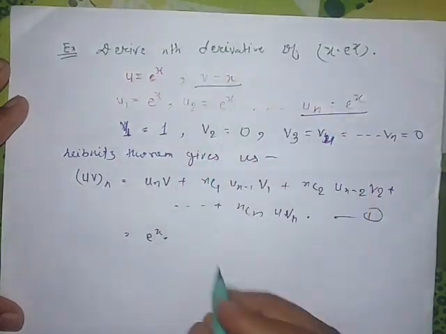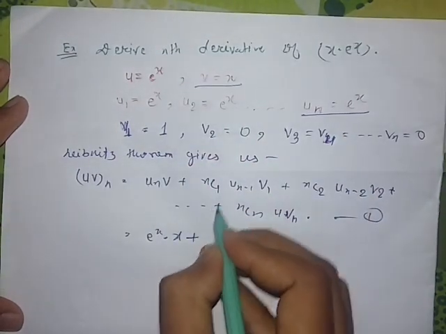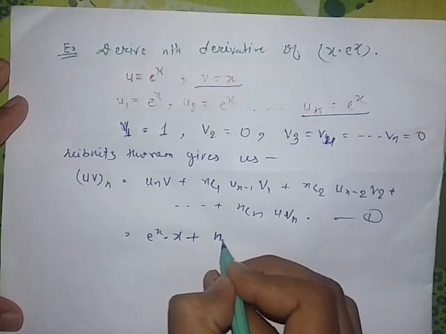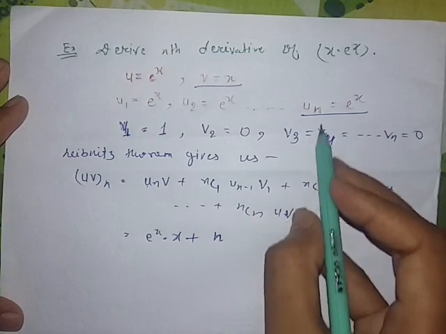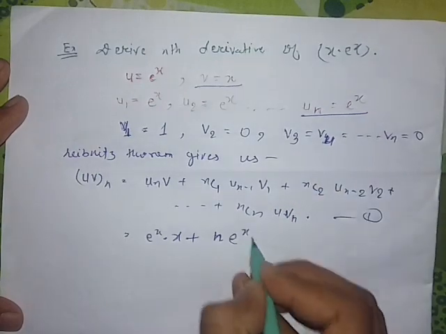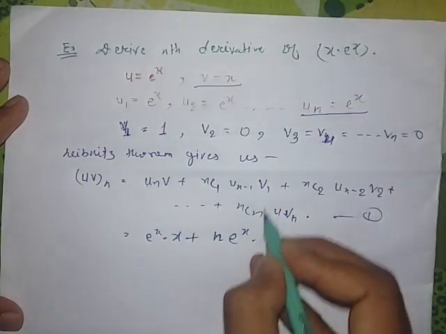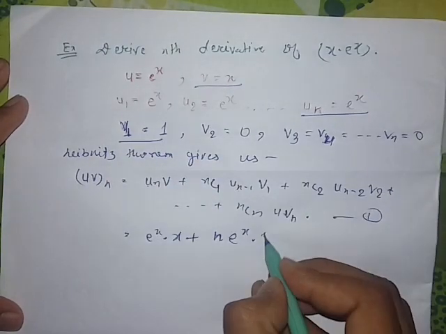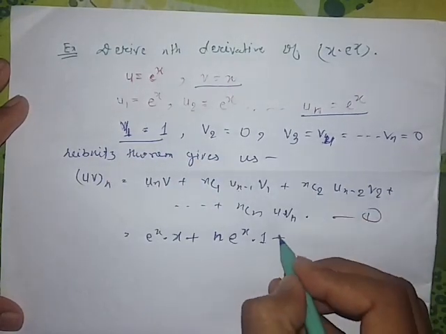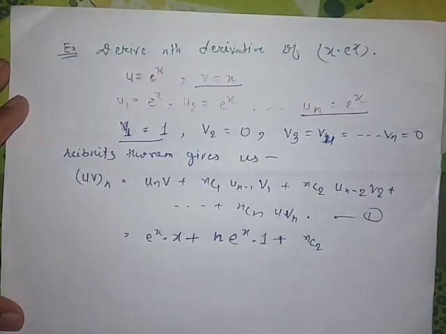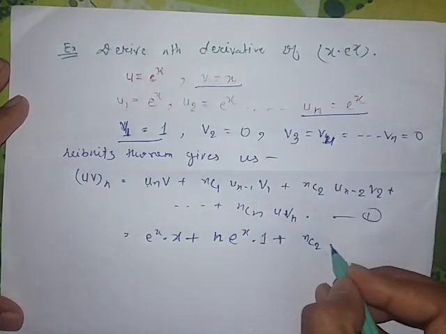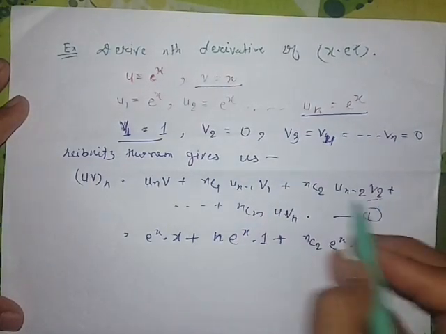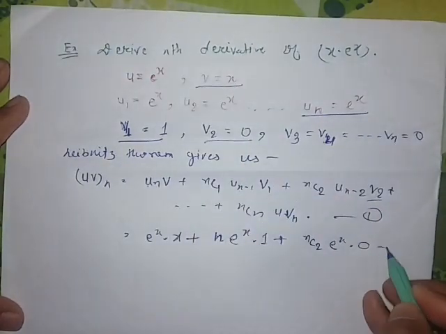V, what is v? It is x. nc1 is equal to n. u n minus 1 is also e to the power x. v1 is 1. nc2 u n minus 2 is also e to the power x. v2 is 0.